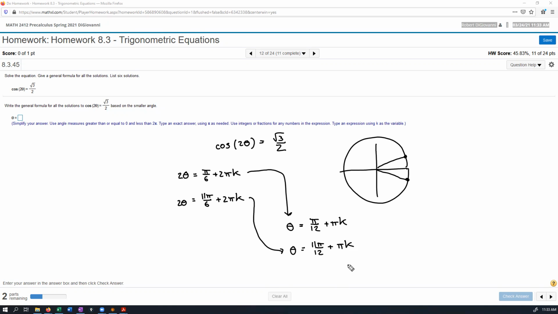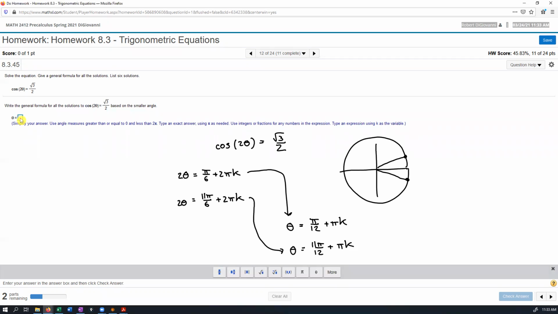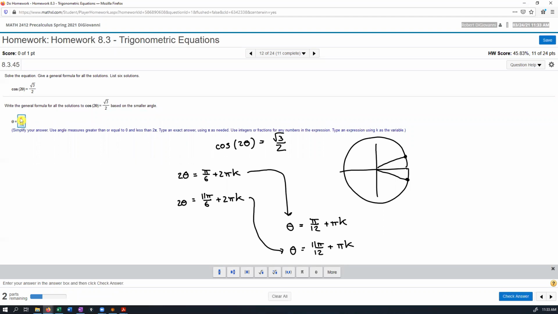All right, now I'm curious here because we have 2 answers here for the general. How are they going to want us to do this? Is it going to let me put in 2 answers? I don't know if it's going to. Okay, pi over 12.